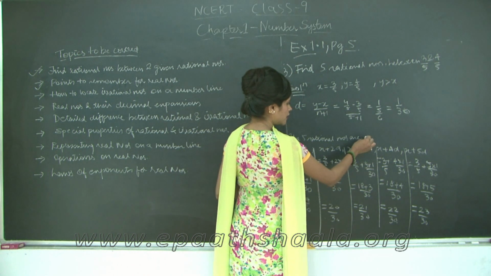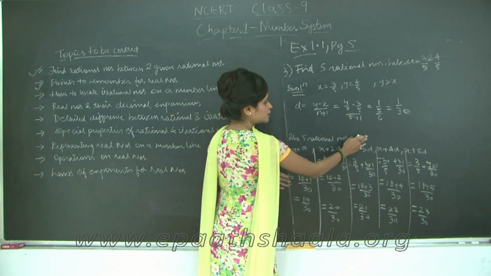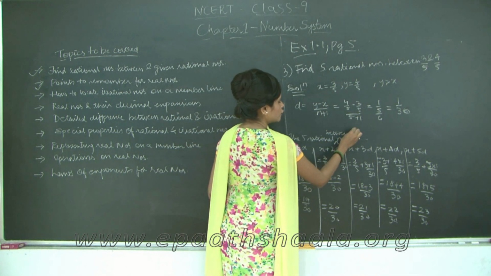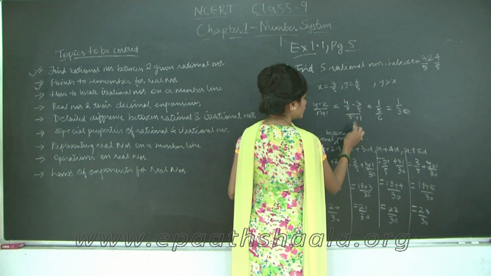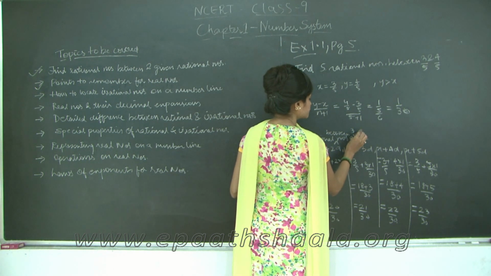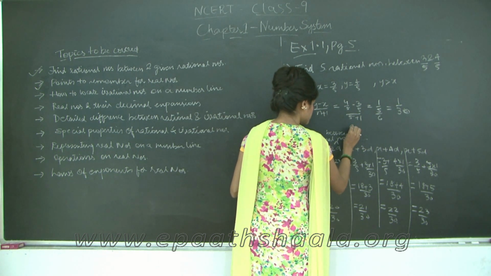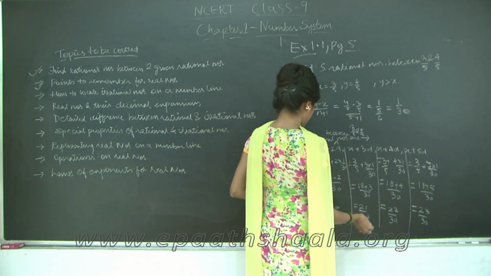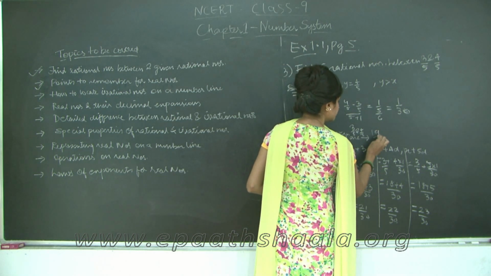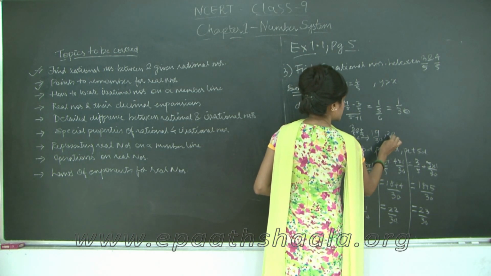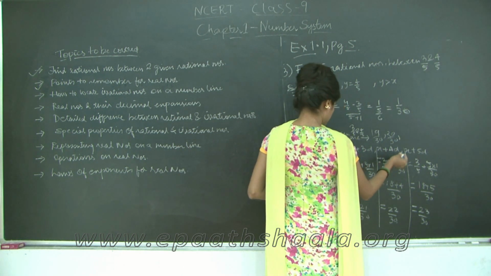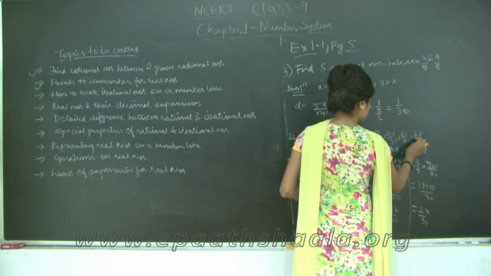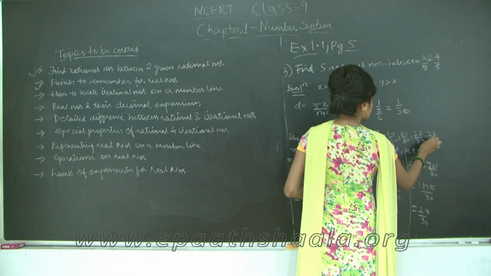So my 5 rational numbers between 3 upon 5 and 4 upon 5 are 19 upon 30, 20 upon 30, 21 upon 30, 22 upon 30, and 23 upon 30.